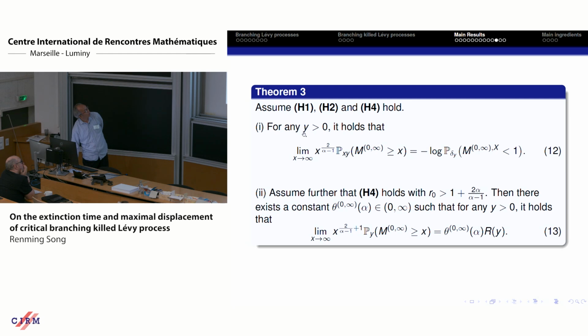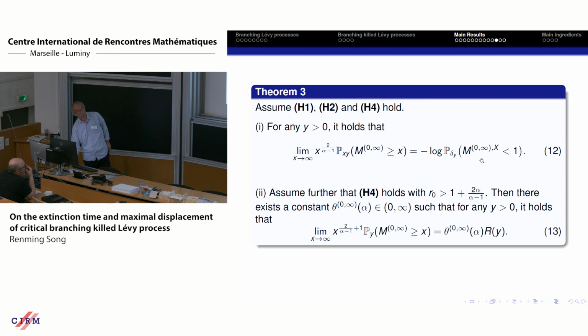If you fix y, if you start from x times y, then you let x go to infinity. Then remember, this quantity here is the all-time maximal position of our branching Q-Levy process. And on the right-hand side, it is written in terms of this super Brownian motion. This is x here.